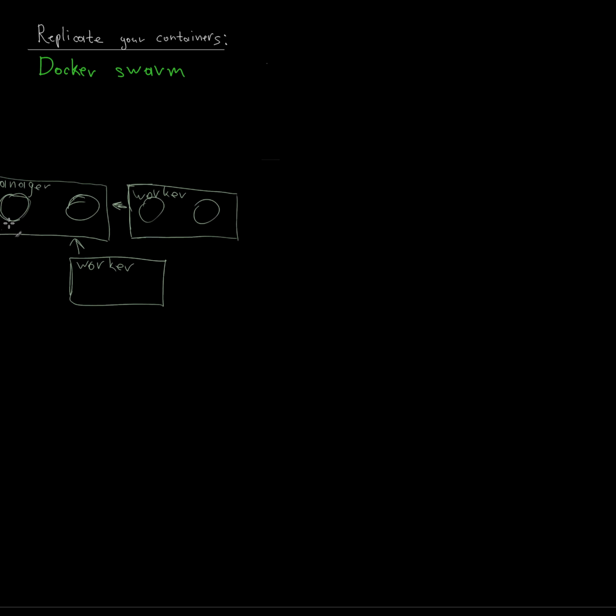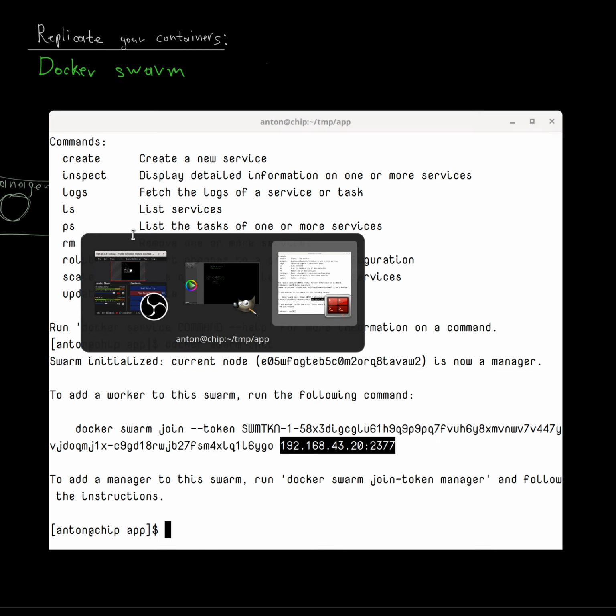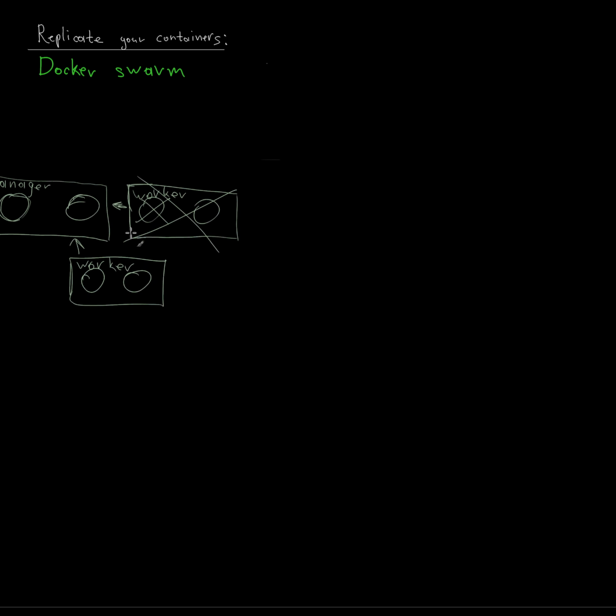In the general case, it will try to balance running containers between workers, and if some container dies or some worker dies, a manager will see it and will redirect containers to another place. And this is the difference between manager and a worker. For now, we won't have any worker, because without workers, you don't need to create servers or acquire them from somewhere.